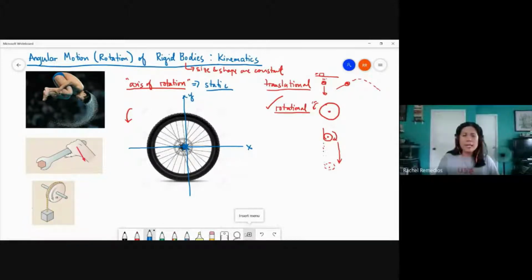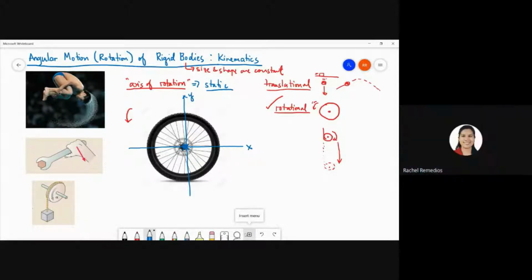So, itong si axis of rotation, kung nasa XY nangyayari ang rotation mo, ang circular motion ng object, ang axis of rotation is nasa pangatlong axis. So, dito siya ngayon sa Z-axis. So, meron ngayong Z-axis dyan. That's 90 degrees. Okay?